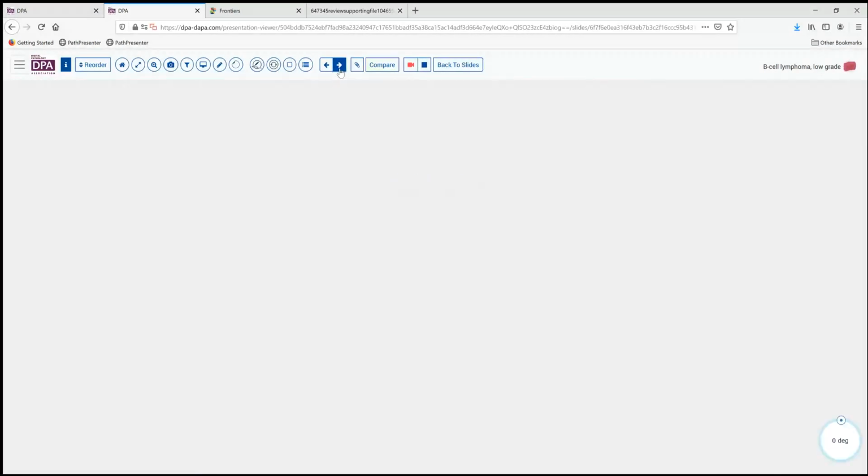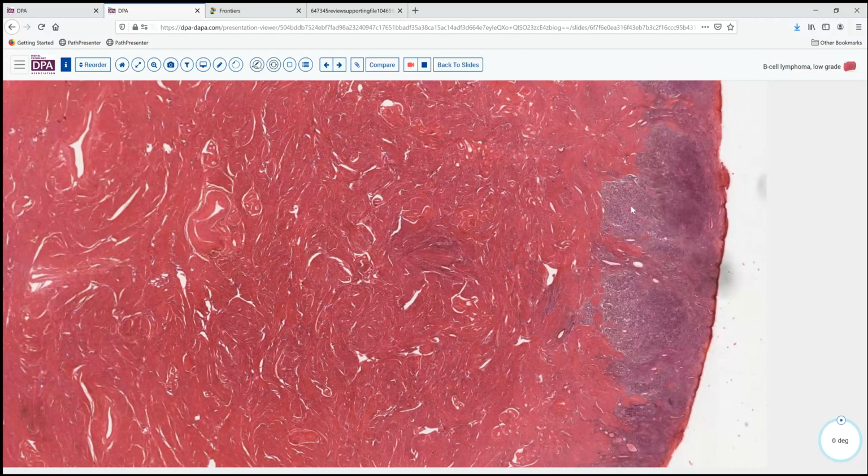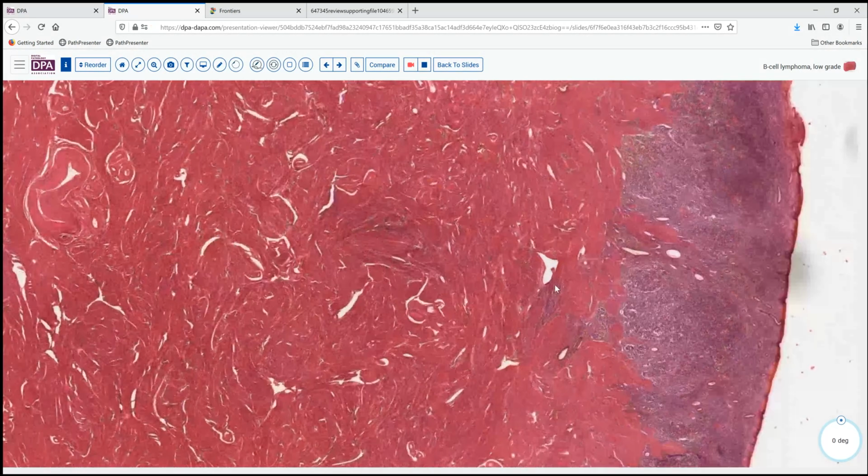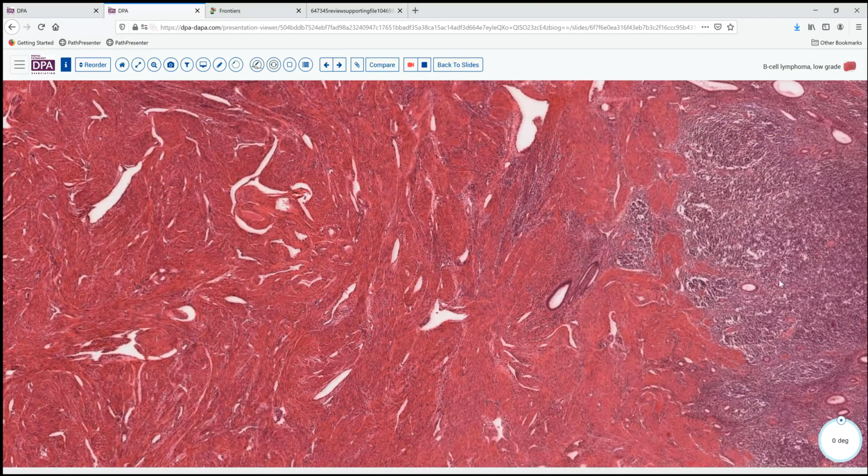Looking at another section from this same case, we see again the same process, sort of a ragged interface between the endometrium and myometrium. But again, this interface is not one with very much glandular tissue involved.